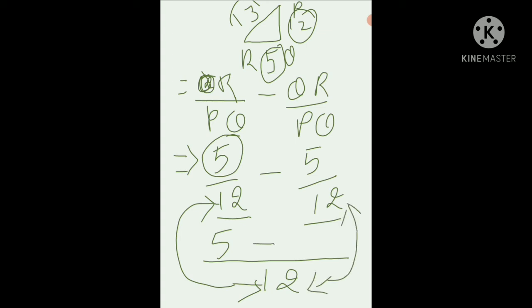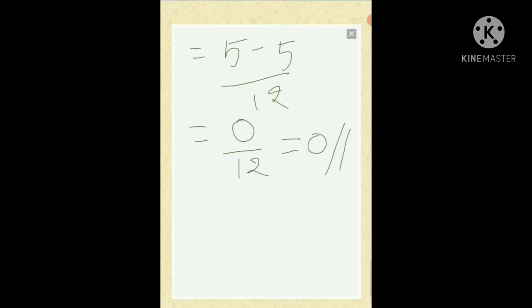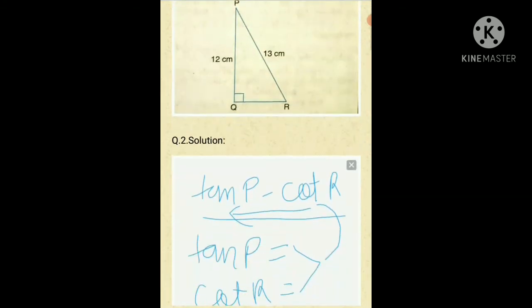Then minus, again when you divide 12 by 12, you get 1, and 1 into 5 gives 5. As you all know, 5 minus 5 will give us 0, upon 12. So when you divide 0 by 12, you get 0. So finally the answer we get is 0. Understood?